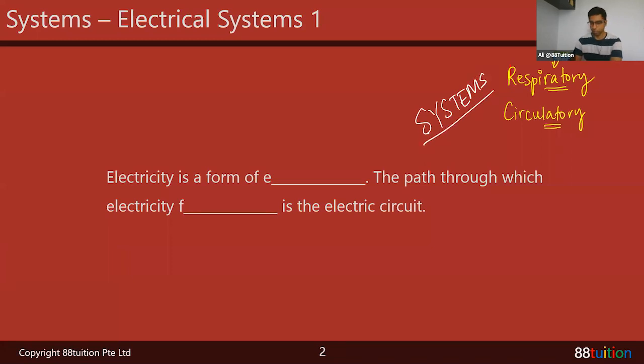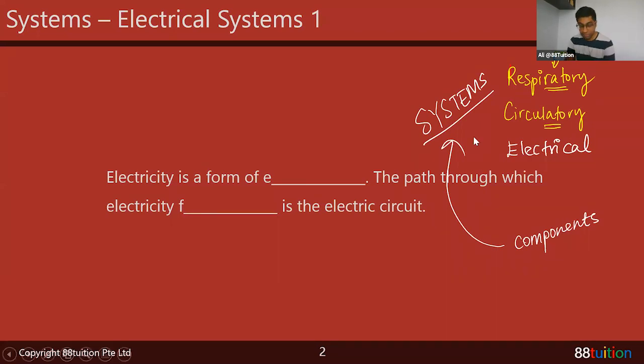So we move away from the body systems, we come to electrical systems. Why are they called systems? Because they are comprised of many things put together to form one system, many components. So many components form a system. The components of a respiratory system, what are they? The components of a circulatory system, what are they?